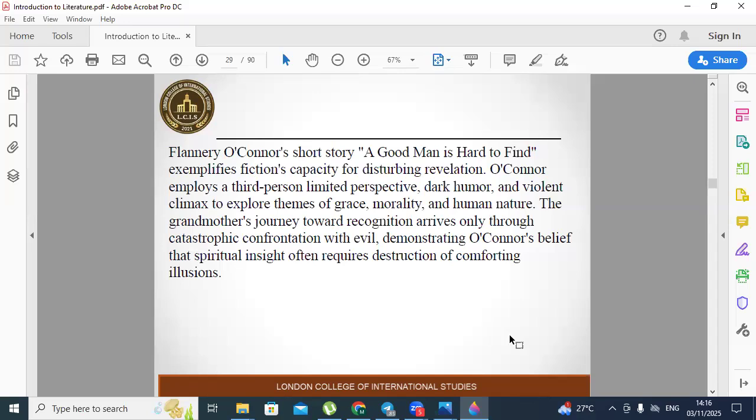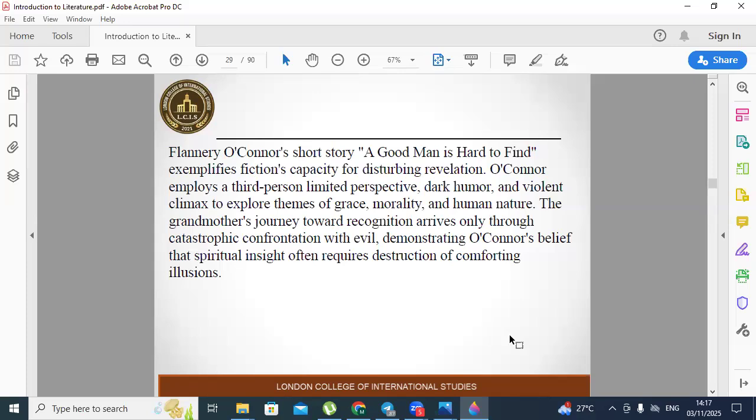The grandmother's journey toward recognition arrives only through catastrophic confrontation with evil in her final moments. Facing death, she experiences a moment of grace and genuine connection with the Misfit.